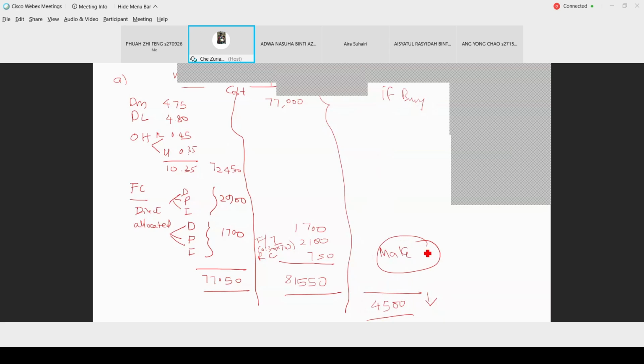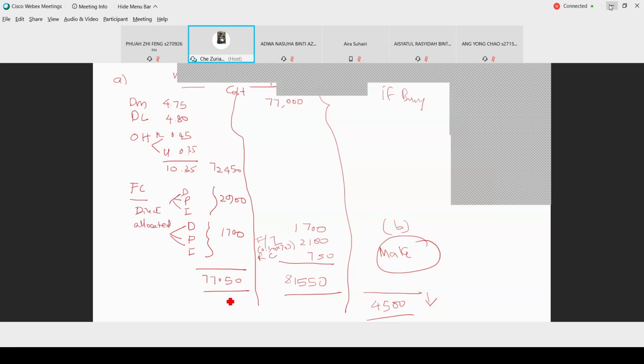Then you akan dapat beza. So maksudnya kalau you buy you akan kurangkan untung about 4,500. Okay, so your answer for B is make. Sebab make boleh increase the income about 4,500. Okay, so boleh tak?